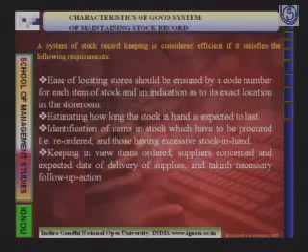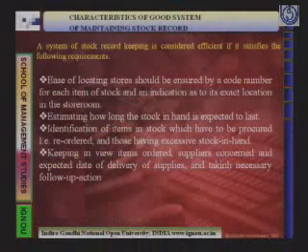So what are the characteristics of a good system of maintenance of stock records? A system of stock record keeping is considered efficient if it satisfies the following requirements. Ease of locating stores should be ensured by a code number, so that wherever you are maintaining your stock, there must be some coding, with the help of which you are able to identify the things.